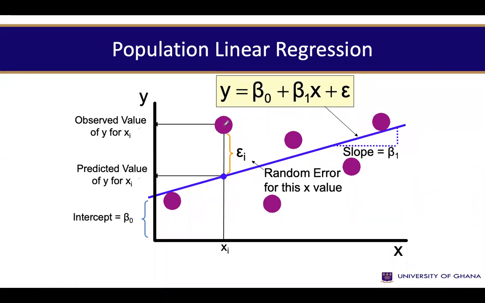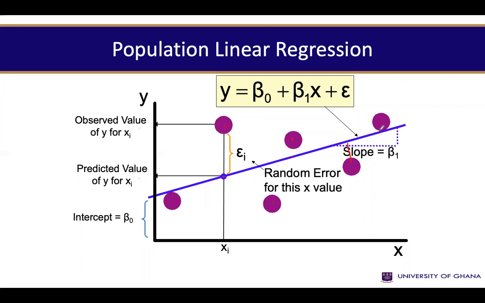Remember that for this point, this is our predicted value, but this is the actual value. So that space there measures the error. For this point, this is the predicted, but this is the actual. So there's an error here. The same thing, there's an error here, and then there's an error, and this one is quite close. So for every point, there is a difference between the predicted and the actual.